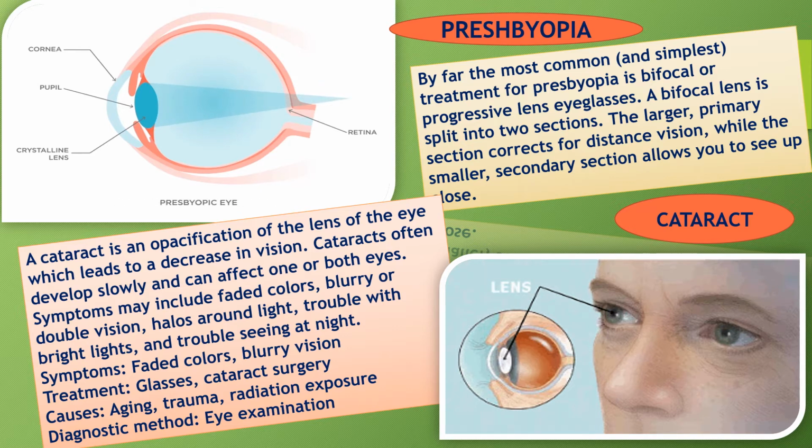A cataract is an opacification of the lens of the eye which leads to a decrease in vision. Cataracts often develop slowly and can affect one or both eyes. Symptoms may include faded colors, blurry or double vision, halos around light, trouble with bright lights, and trouble seeing at night.